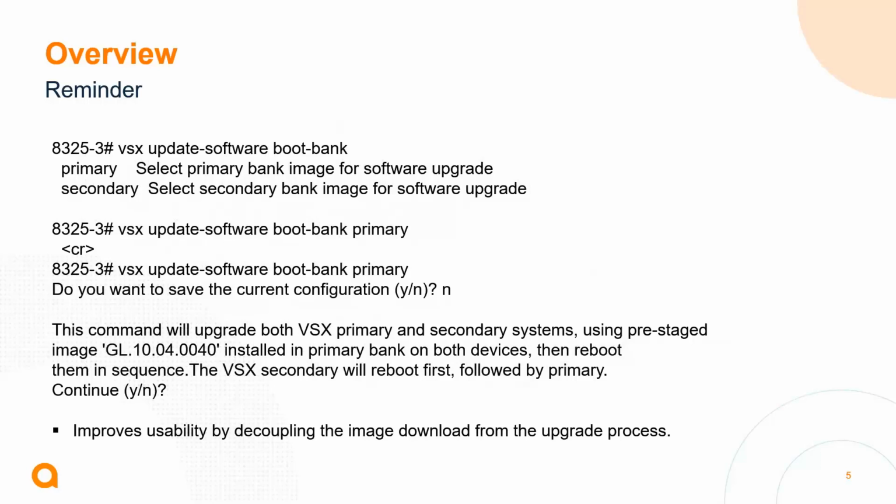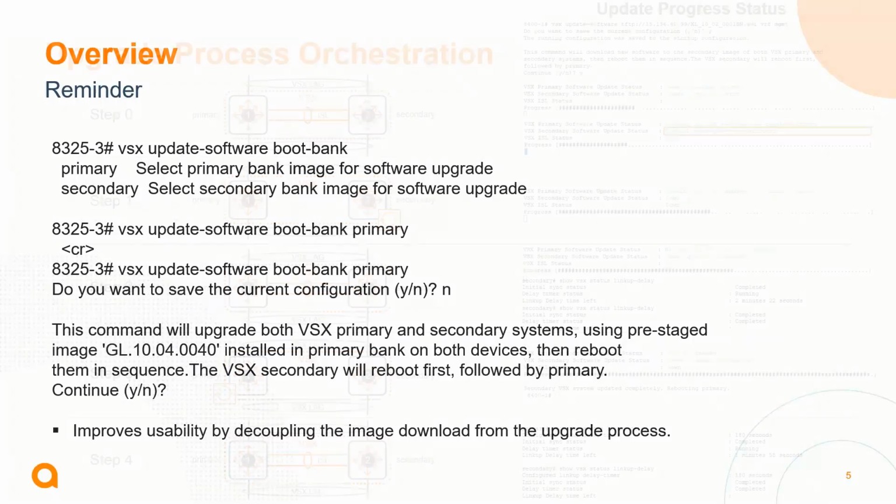It's one step less to perform during an upgrade process, which is typically a negotiated time window for operation that we want to keep as short as possible. So having the firmware already preloaded is good.